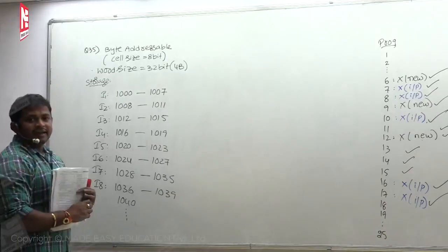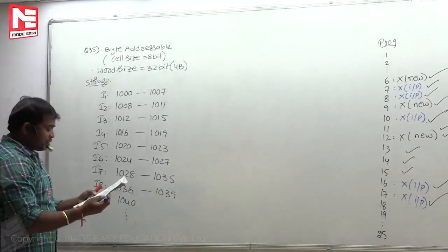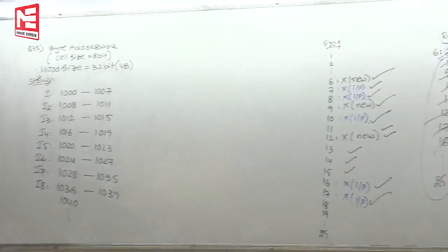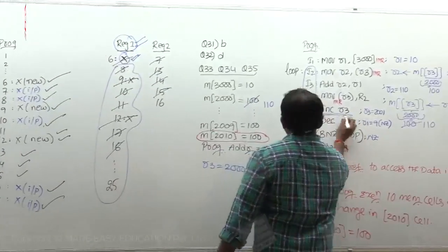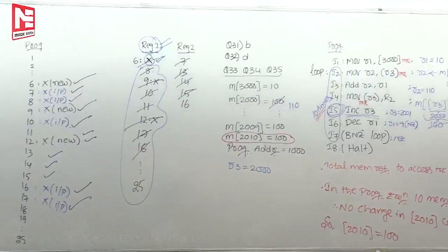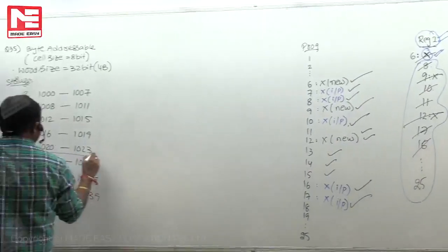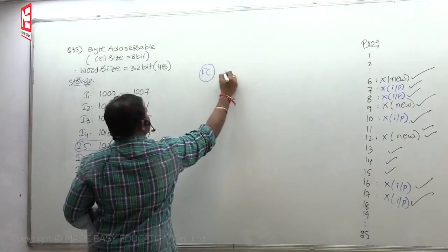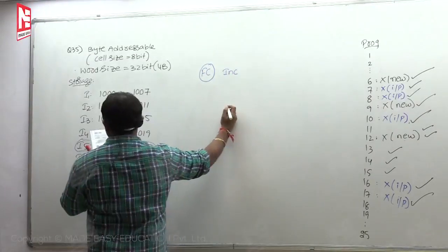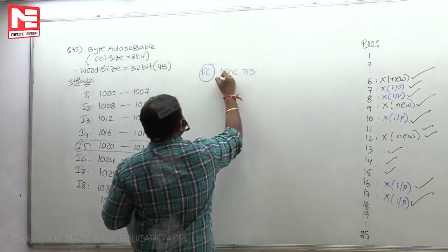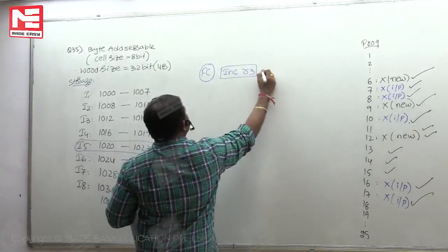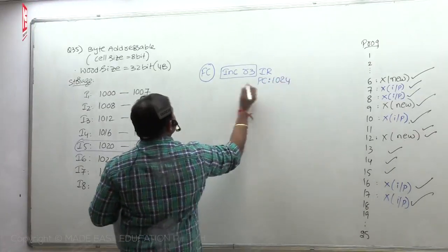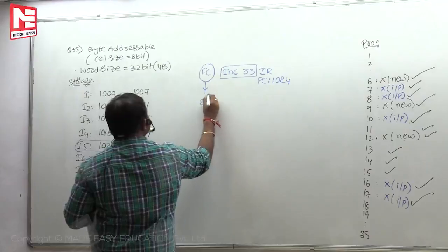What is the question? The interrupt occurs during the execution of increment. The increment instruction is I5. In the fetch cycle, the increment R3 instruction is fetched and the program counter is incremented to the sequential address, 1024. Now go to the execution cycle.